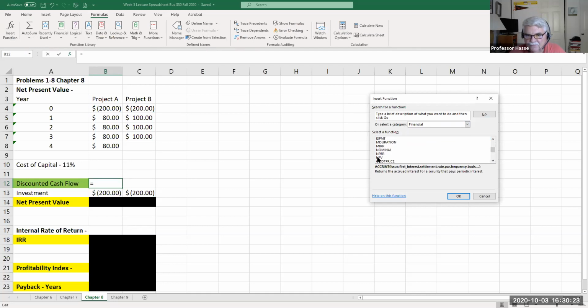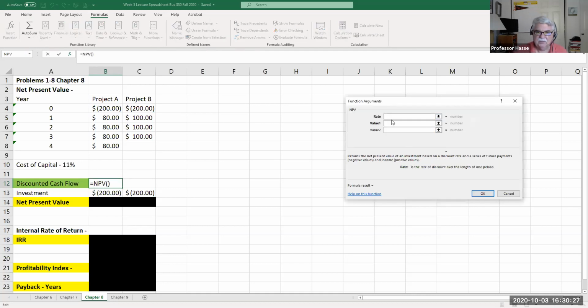There it is right there, that function NPV. Bring that up. I type in the cost of capital or the cost of money in this problem. It's 11%. And then the value is I'm going to put the cash flow over the amount of years going forward that we're going to plan on generating from this $200 investment. So I just highlight year 1 through year 4. See there, B5 to B8. And then I just hit OK.